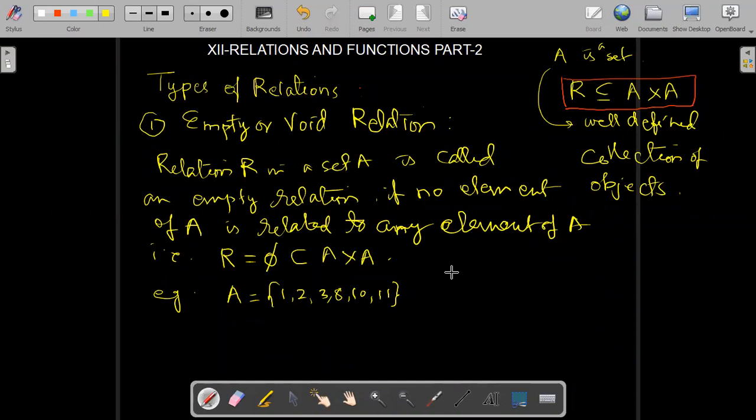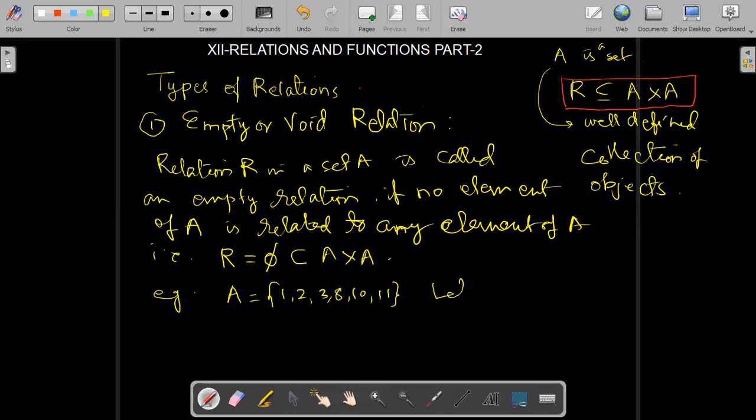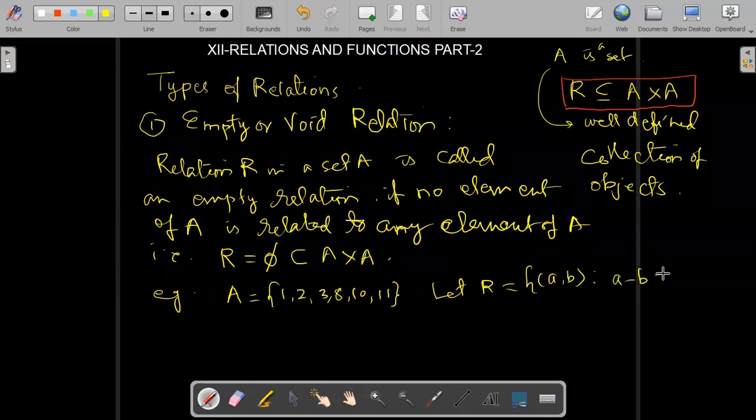Keep it in your mind. And let R be a relation defined as the set of ordered pairs (a, b) related by a minus b equal to 4. This is the relation which is defined on this set.